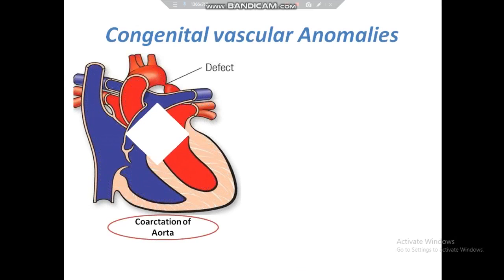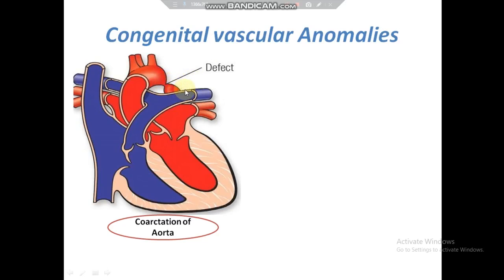Now, we have some congenital vascular anomalies as well. One condition is known as coarctation of the aorta. Coarctation of the aorta is a narrowing of the aorta. This narrowing can occur at two places.